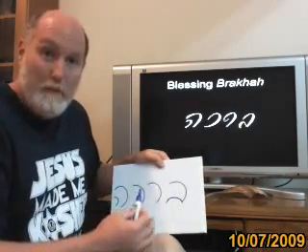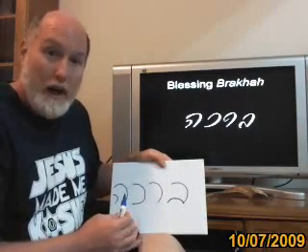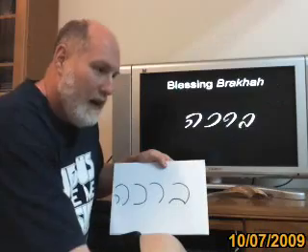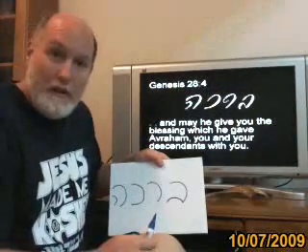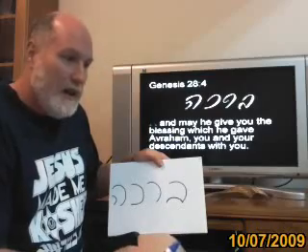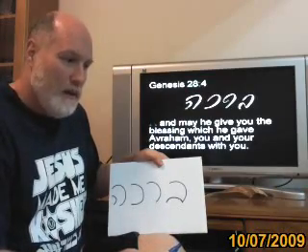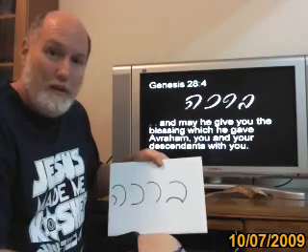We learned the form baruch. So if we put it together like this, we have the noun bracha, and that's the one that when Isaac was blessing Jacob, he said, "And may he give you the blessing, the bracha, which he gave Abraham, you and your descendants with you."